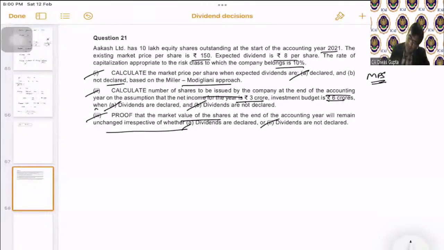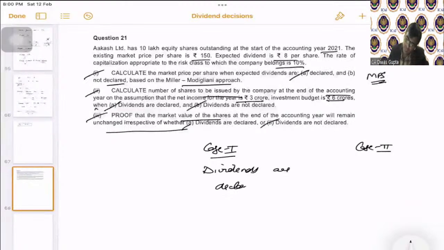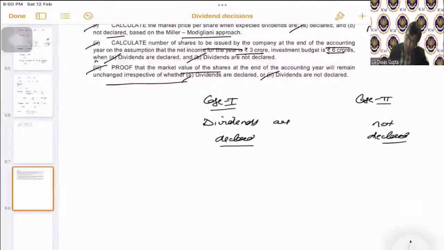We can easily calculate. Again, we'll put case 1 and case 2. Case 1, dividends are declared. Case 2, not declared. So the price is calculated how? P0 times 1 plus KE minus dividend, right?